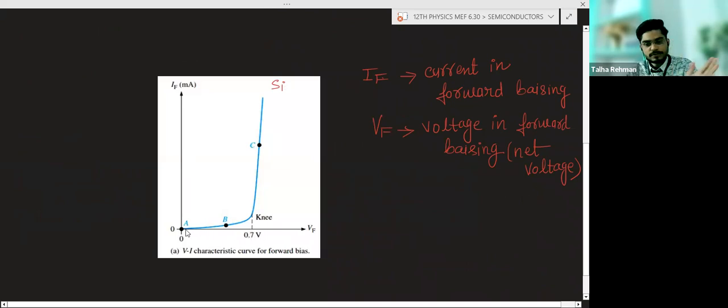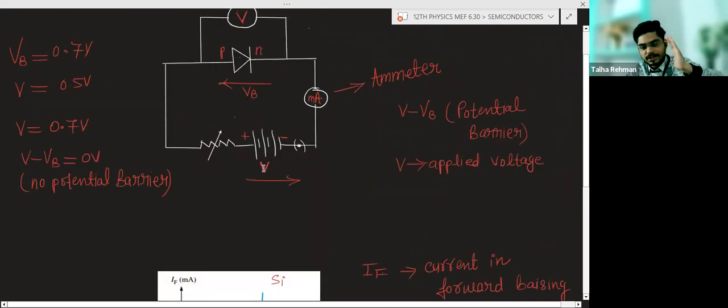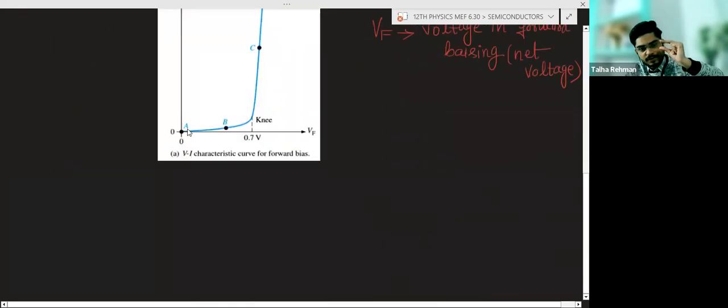So now see, from the starting you are applying the voltage, you are increasing this value of V. So the potential barrier is decreasing, and the current will increase a little bit. From A to B you have applied the voltage, the potential barrier is decreasing and the current is increasing a little bit.